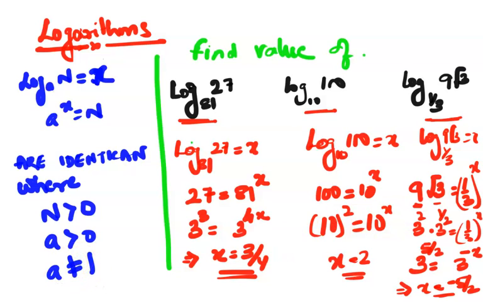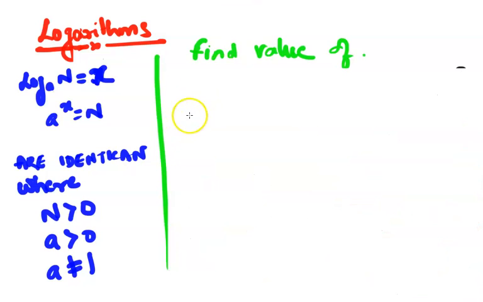Let's take an interesting example. So let's say I have to find the value of log n to the base 1. Remember we said a is not equal to 1, but let's relax that condition for now and say we need to find this value.